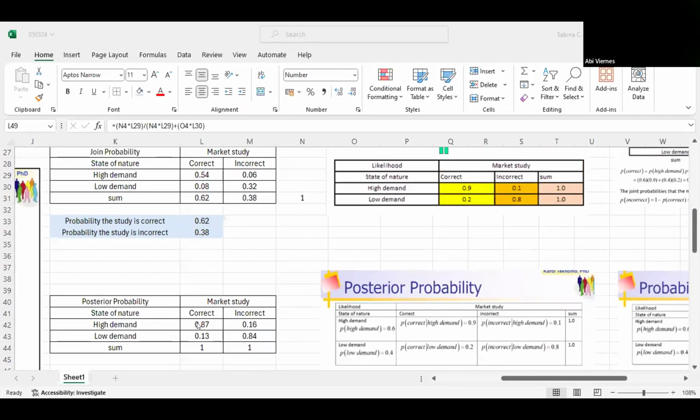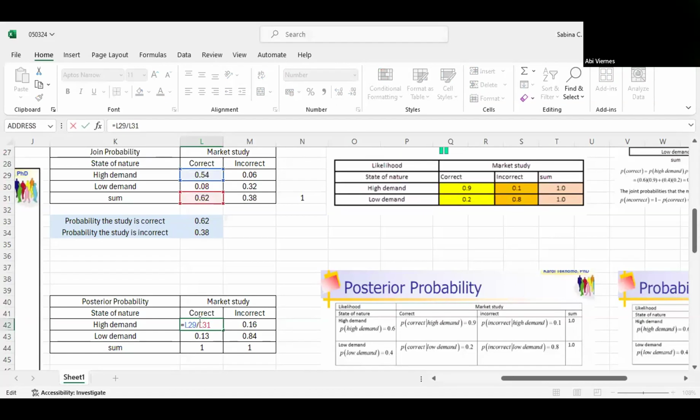For this one, for the high demand, I just used what you have showed us earlier. We divided the correct high demand by the sum, and I get 0.87.